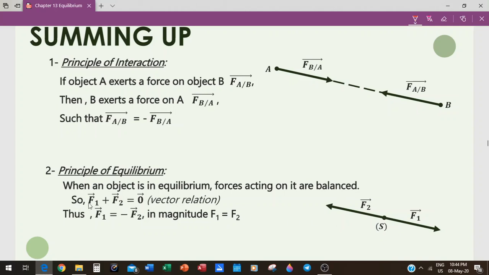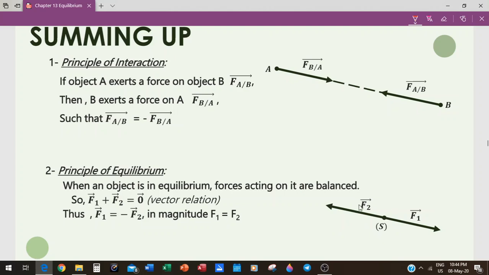We say the condition of equilibrium as a vector relation: force F1 plus force F2 equals 0 vector. Or we can say also that force F1 equals minus force F2. In magnitude, we say F1 equals F2. For example, these two forces have the same magnitude, F1 equals F2 equals 20 newtons.